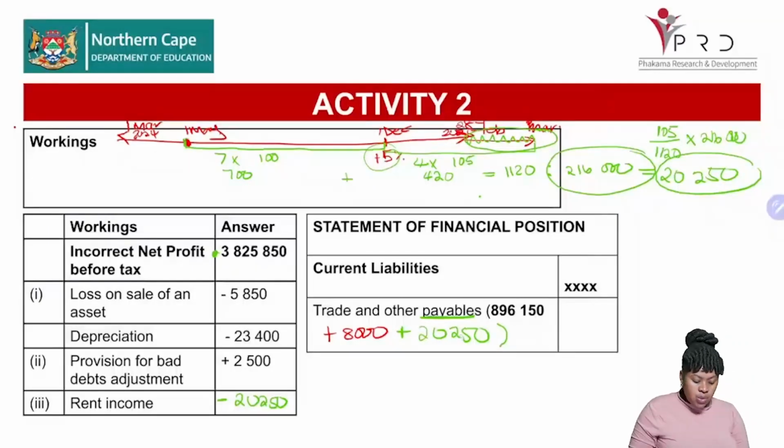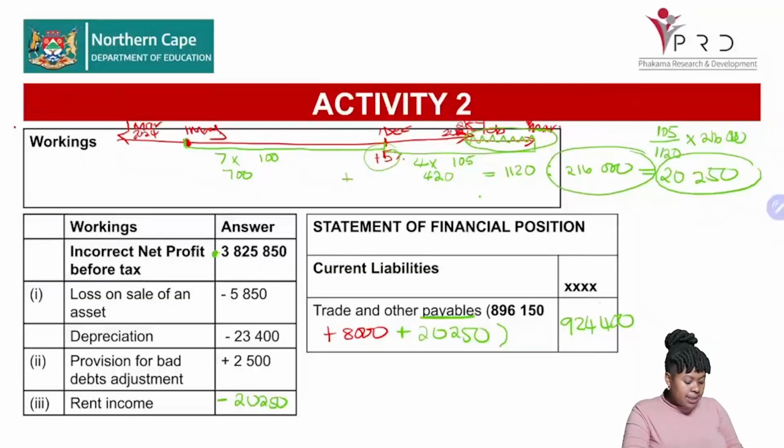So I add all the amounts under trade and other payables, 150. That is my trade creditors with the deposit and the 20,250 of income received in advance. And then that will give me my 924,400. Okay. And that is the amount.